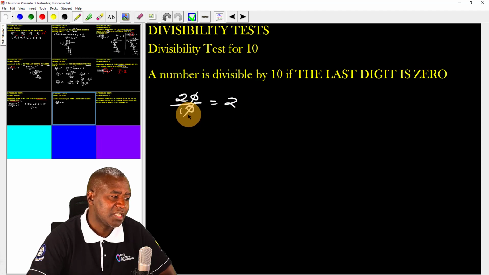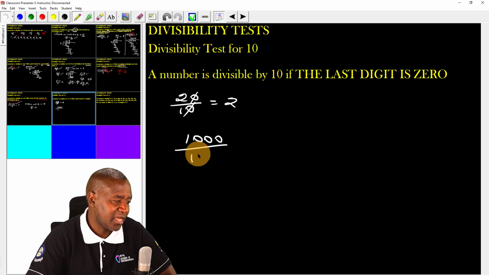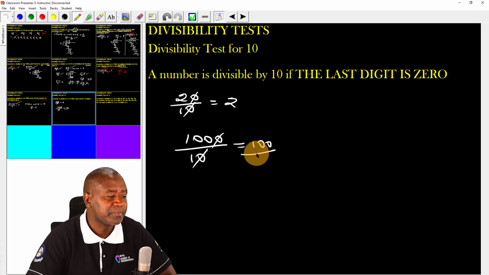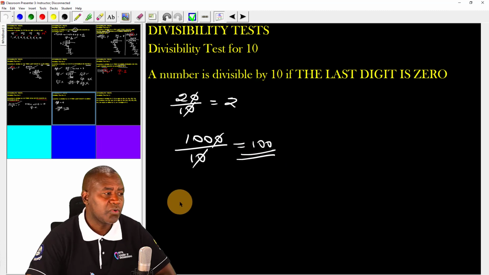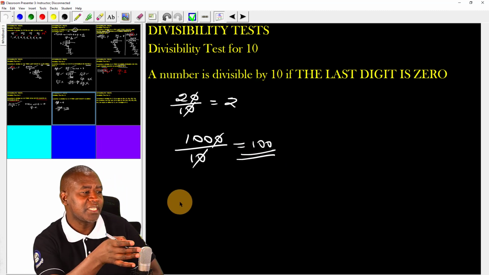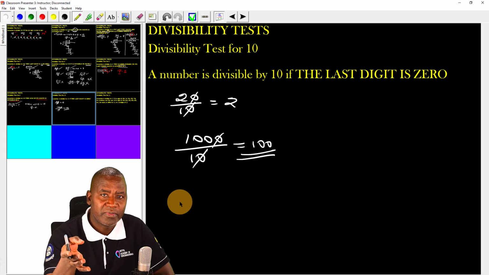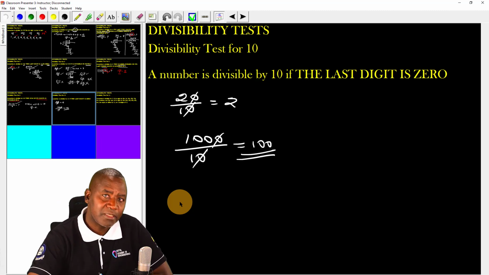That means 10 is a factor of 20, and that number is exactly divisible by 10. Let's check another number, 1000 divided by 10. We've been doing this all through. So a number is divisible by 10 if the last digit is 0. That one is just as simple as that.